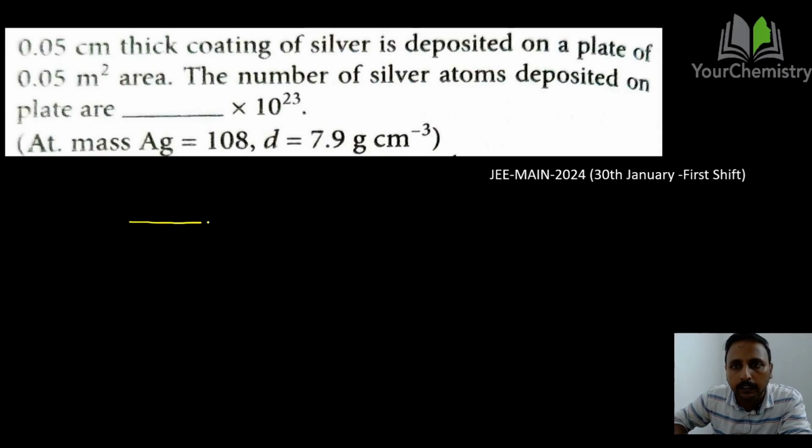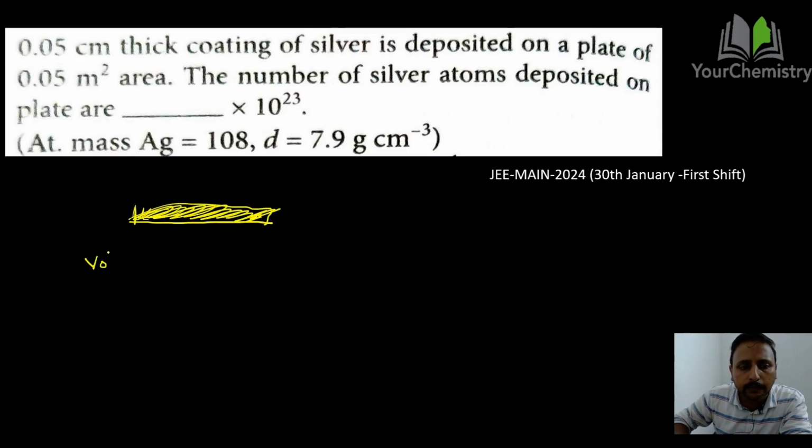The plate has a surface area of 0.05 meter square, and it is coated with silver having a thickness of 0.05 centimeter. What is the idea of this question? We need to find out how many silver atoms are there on this particular plate. Clear?